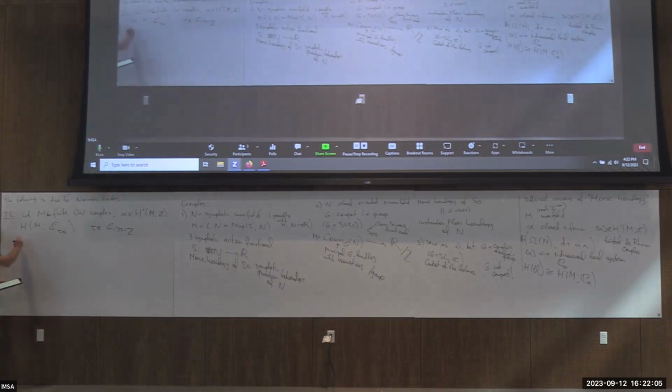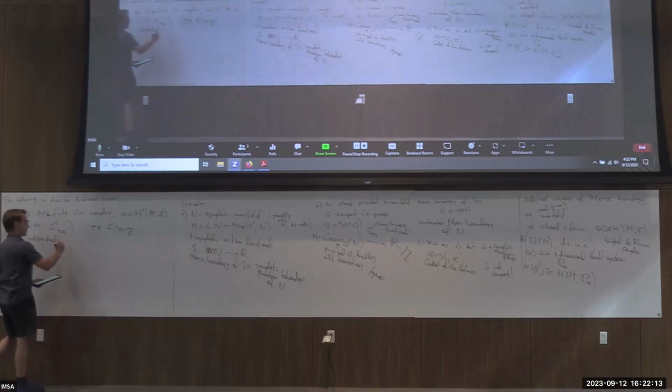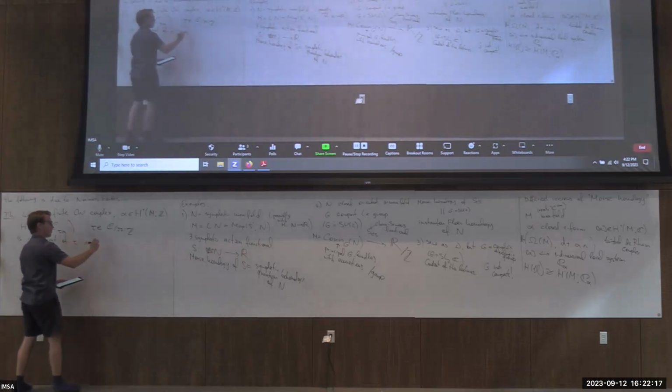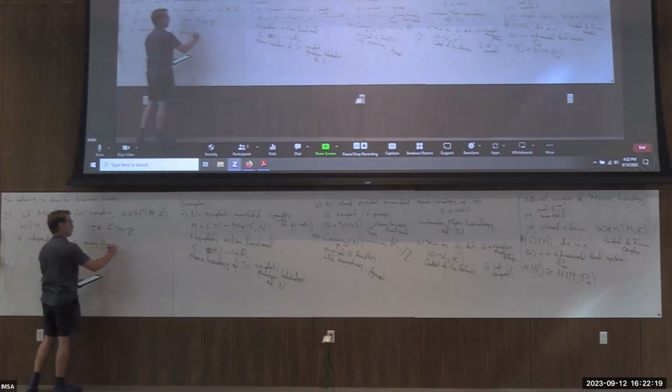And the claim is that this cohomology group is actually independent of tau away from finitely many points.